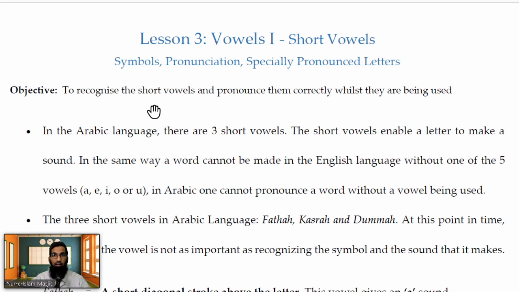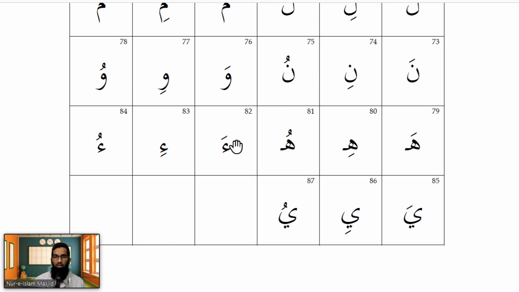So these are quite simple. The hamza here is like the alif, right? So you can actually negate this whole thing. This is called a hamza, and with the hamza it gives an a sound. That's the only letter that has a little issue with sounding, because the hamza doesn't have an h sound.